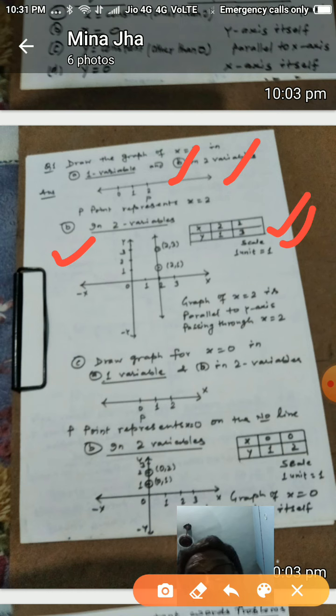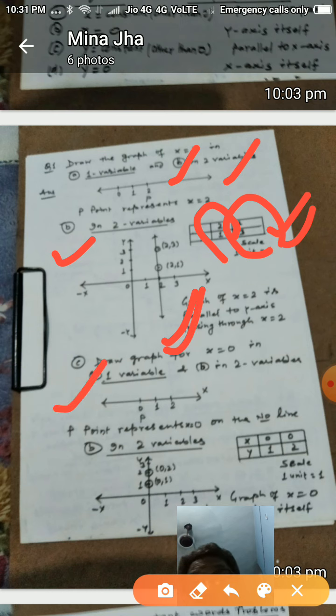So here we have taken x equal to 2, y equal to 1; x equal to 2, y equal to 3. When the equation is given x equal to 2, it means the x value will be fixed and the y value we may take any one. Now drawing these pairs, we obtain this graph which is shown parallel to y-axis.